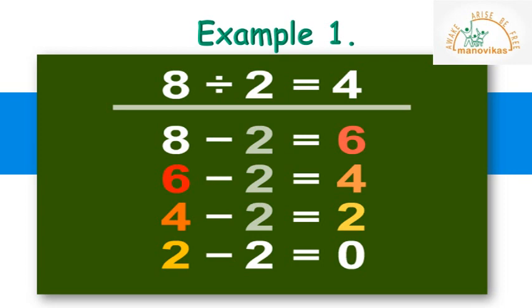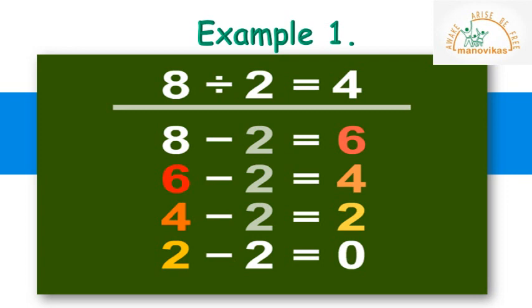In another way, with repeated subtraction, by subtracting 2 from 8, we get 6. And when we subtract 2 again from 6, we get 4. 2 subtracted from 4 gives us 2. And 2 minus 2 is equal to 0.